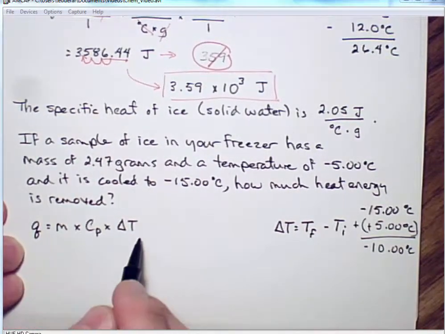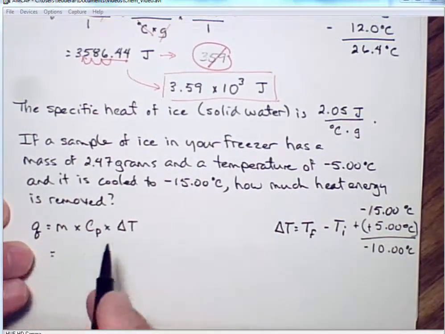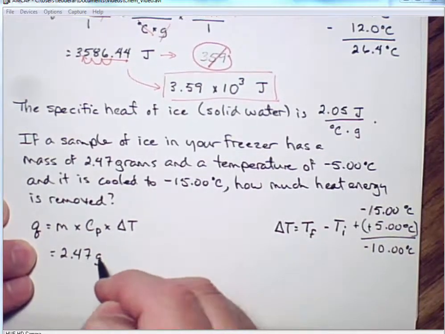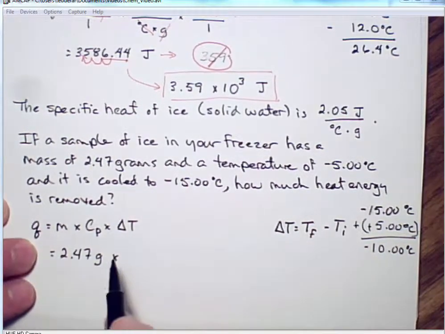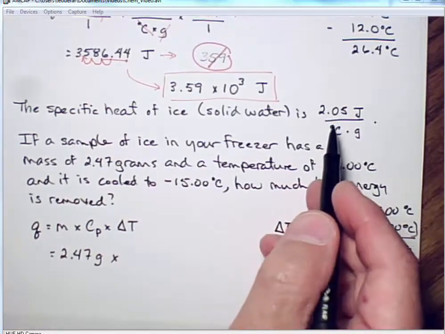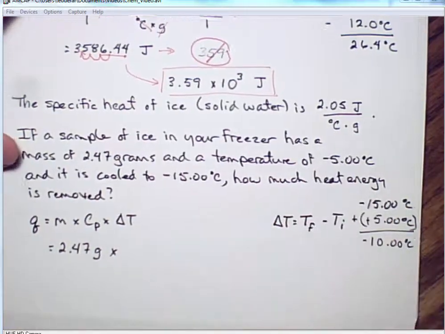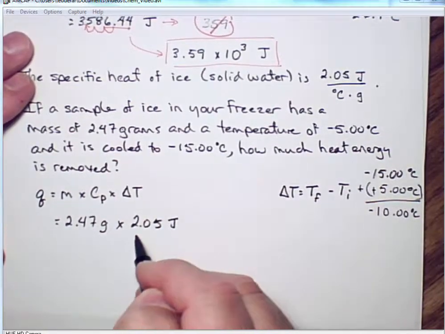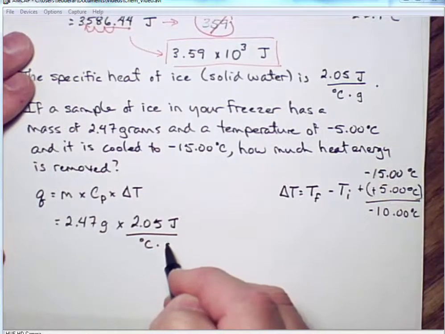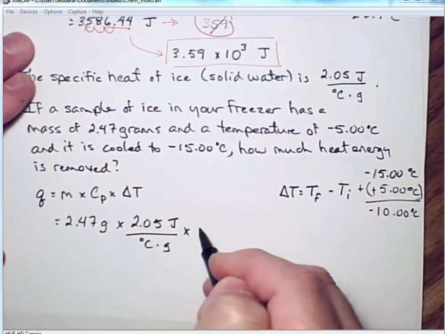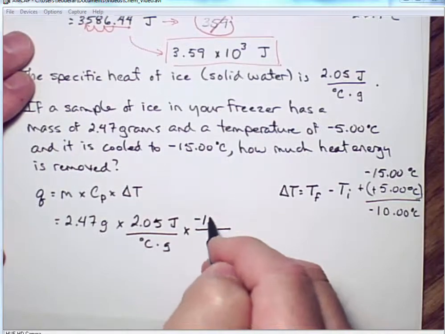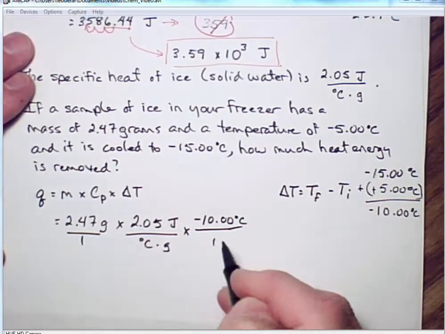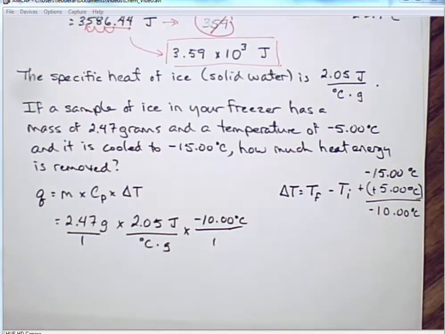So now we can plug that number in here along with the other numbers we have. The mass is 2.47 grams. The specific heat for ice or frozen water is 2.05 joules per degree C per gram. And our change in temperature is -10.00 degrees C. We're going to put all these over 1 so we can see how to cancel.